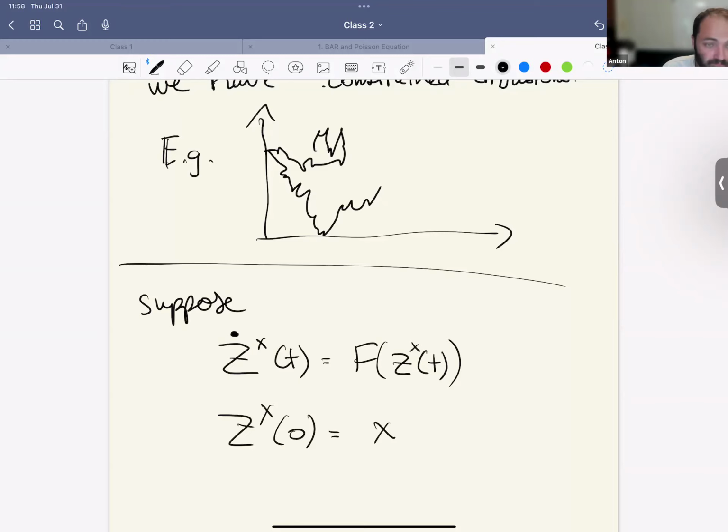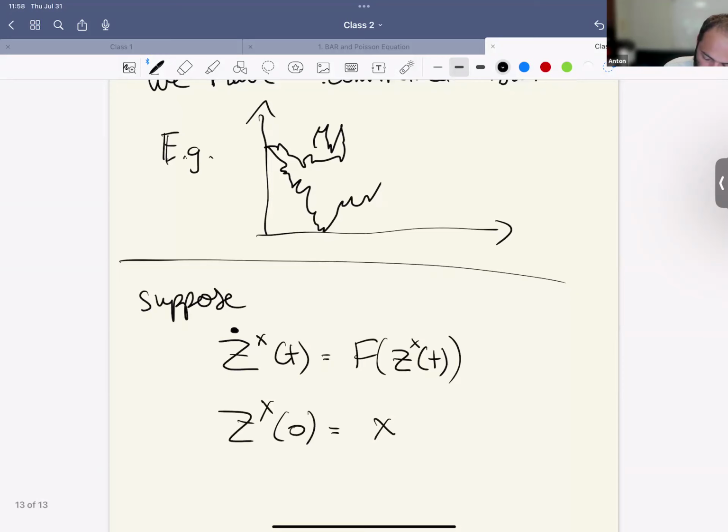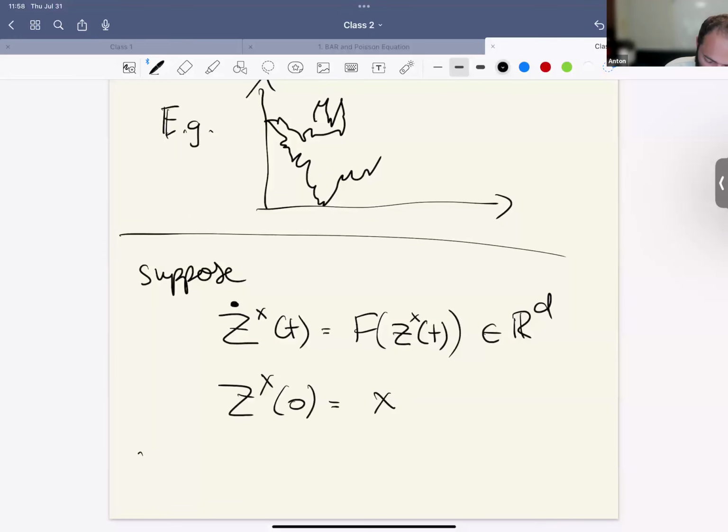This is the initial condition. And this all lives in R^d. Consider the potential, the integral from 0 to infinity of h of x^z(t) dt.